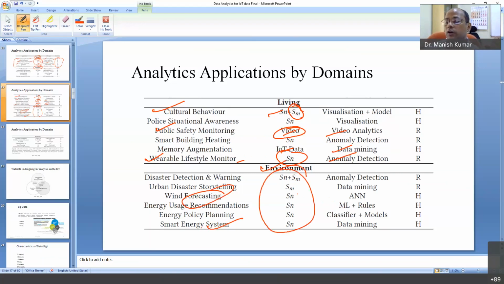In all cases, we have used social media as well as sensors, and we are using ML, deep learning, ANN, and data mining. So all are part of it. That means the entire data analysis domain is very much useful and used in the IoT environment as well.